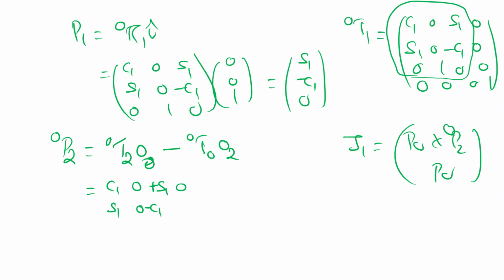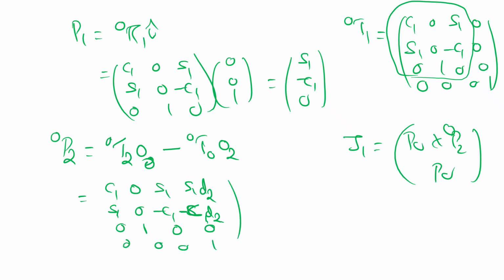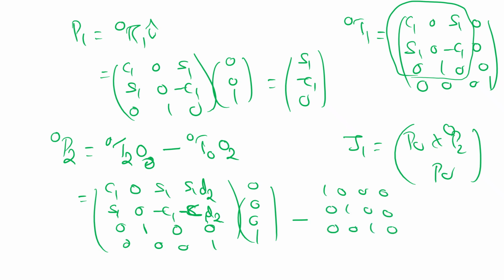So T2 0 is C1, 0, S1, S1 d2; S1, 0, minus C1, minus C1 d2; 0, 1, 0, 0; 0, 0, 0, 1. This is multiplied by 0 0 0 1. Minus the identity matrix multiplied by 0 0 0 1.